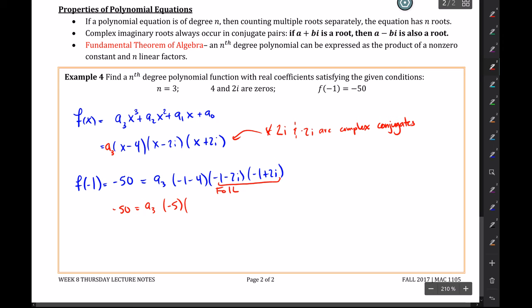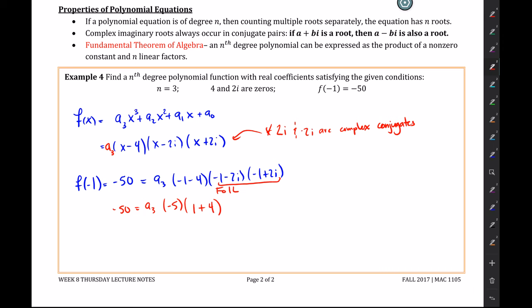that right there. I'll get 1 plus 4. Okay, that's another property of complex conjugates, is that if you multiply two complex conjugates, then it's the same as adding up the a squared and the b squared.